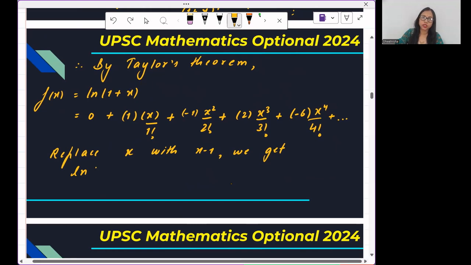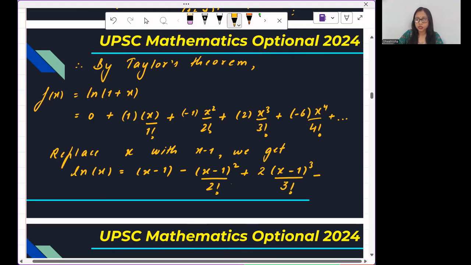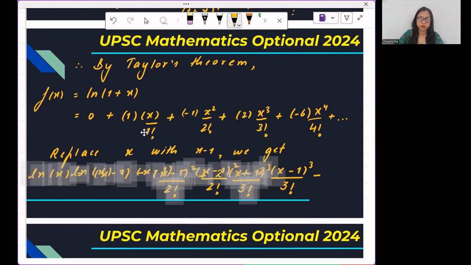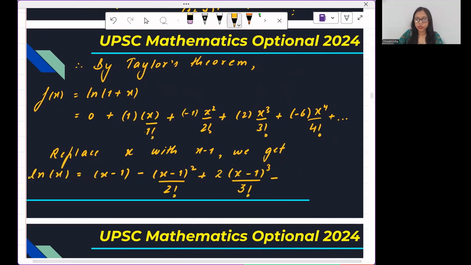So log of x is equal to, and this side will have x minus 1 minus (x minus 1) whole square by 2 factorial plus 2(x minus 1) cube by 3 factorial minus 6(x minus 1) raised to power 4 by 4 factorial, and so on.